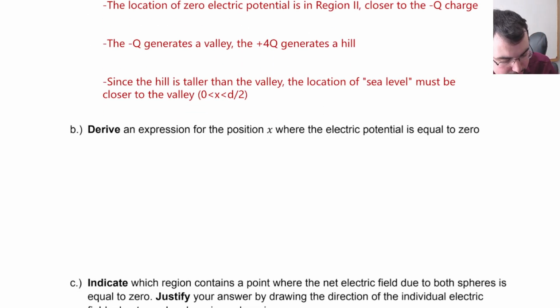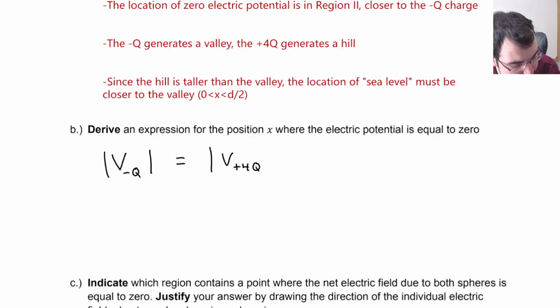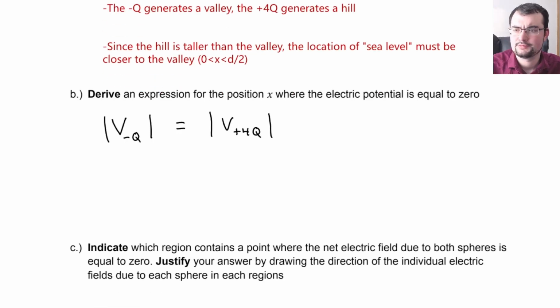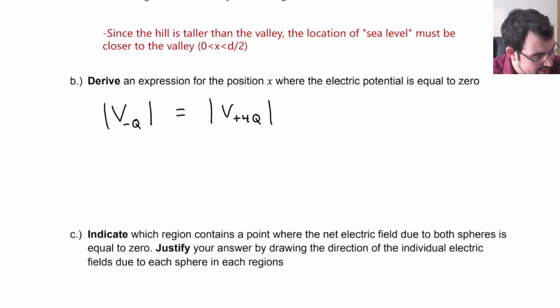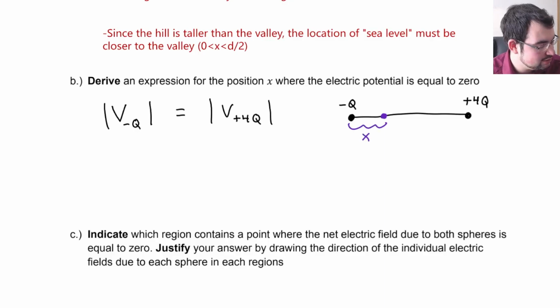So we said potential is equal to kq over r. So we have the potential from the minus q is equal to the potential from the plus 4q. So if we were actually to draw this out, there's going to be some location right here that will say it's a distance x from the minus q charge.